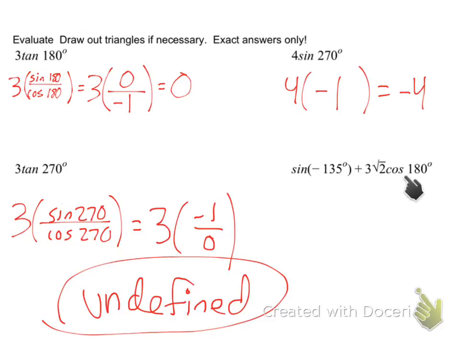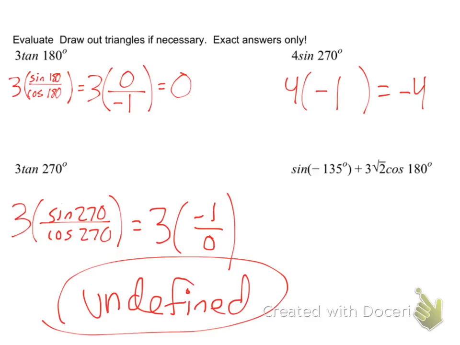Now, here's the thing. Sometimes it's going to be best to think of your reference triangles, reference angles. Sometimes it's better to use the unit circle, like the sine of -135. If you're unsure of where an angle lies, like which quadrant, because all students take calculus, graph it.